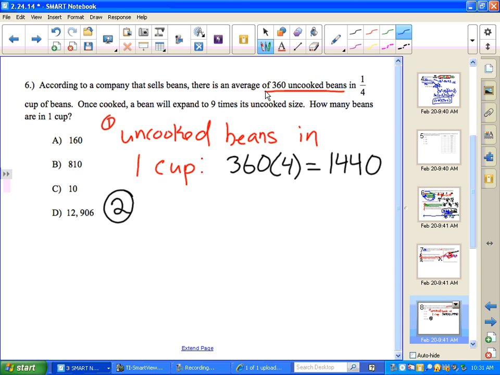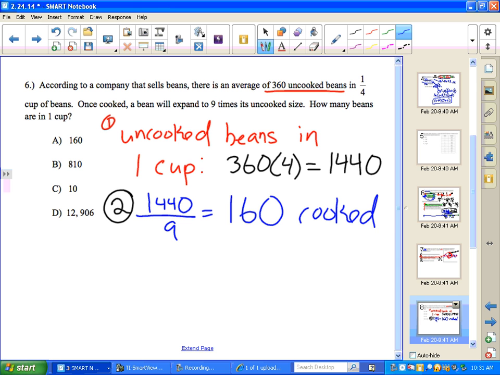Because it's expanding, we need to divide that number by 9 because we need to figure out how many cooked beans are in 1 cup. So we end up finding that there's 160 cooked beans in 1 cup. And that's our answer, which is letter A, that there's 160 cooked beans in 1 cup.